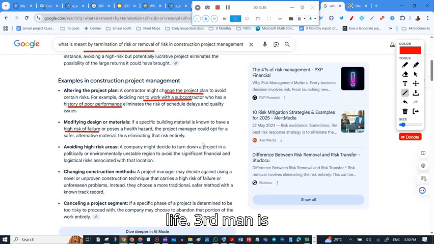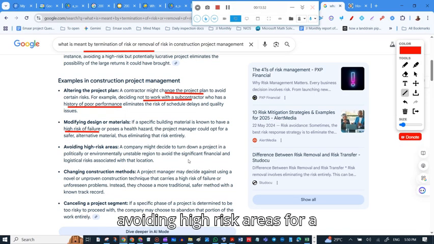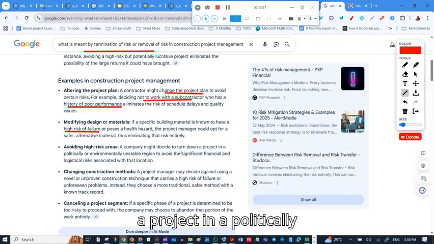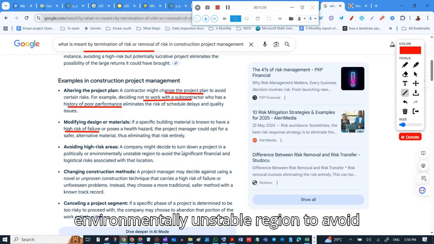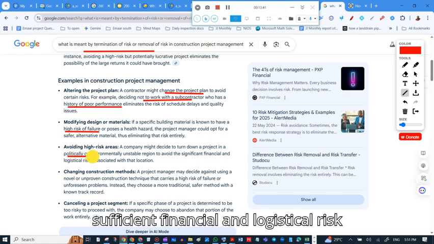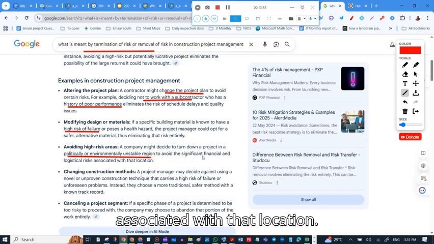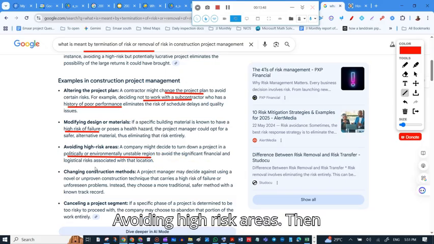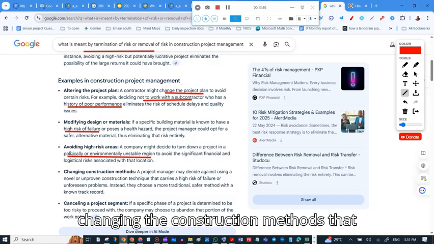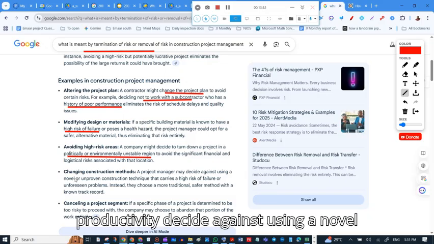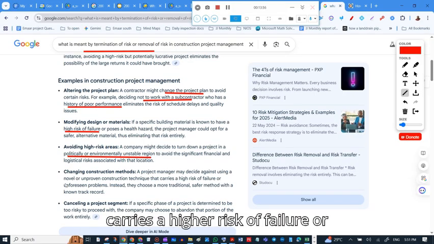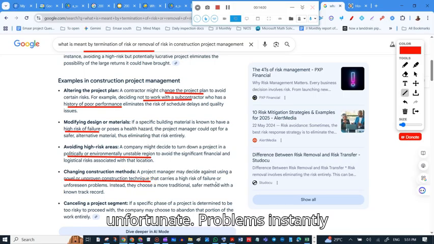Third one is avoiding high-risk areas. For example, a company may decide to turn down a project in a politically or environmentally unstable region to avoid significant financial and logistical risk associated with that location. Then changing the construction methods: a project may decide against using a novel or unproven construction technique that carries a high risk of failure or unforeseen problems.